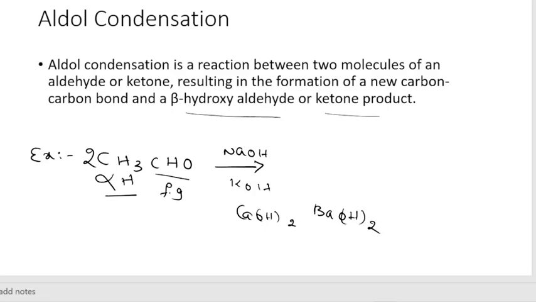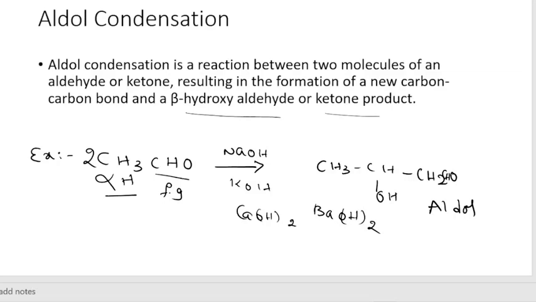And here you will get the product as CH3CHOH CH2CHO, which is nothing but beta hydroxybutyraldehyde, which is also called aldol.